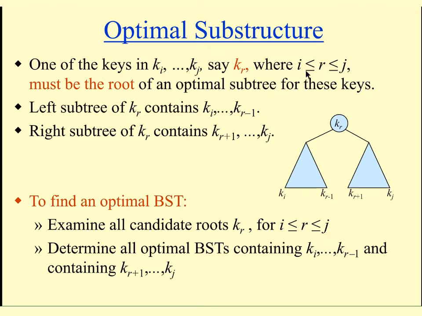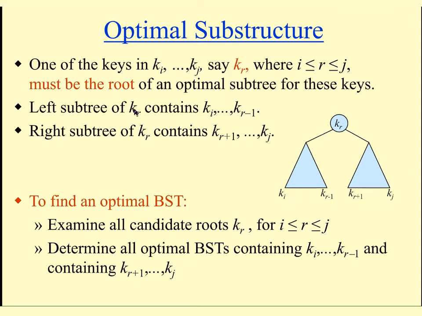Of course, it may not be the only one. It's possible you have multiple optimal subtrees for the same sequence ki to kj, but they must have the same average search cost, because optimal means the cost is the minimum, which can be only one value, right?